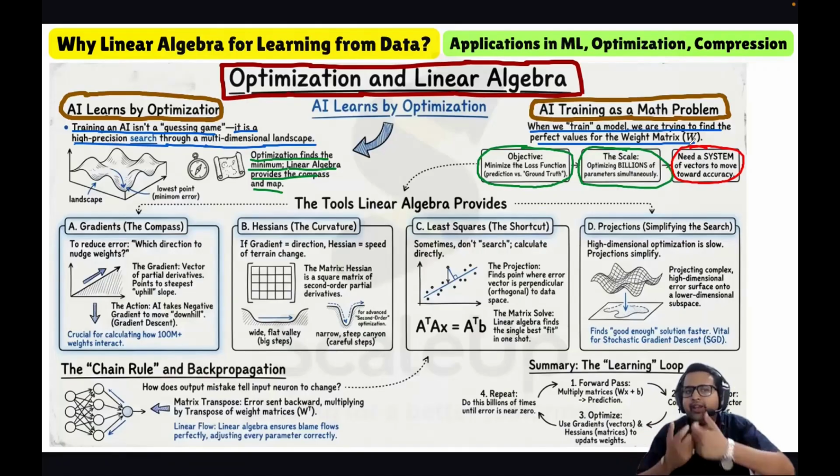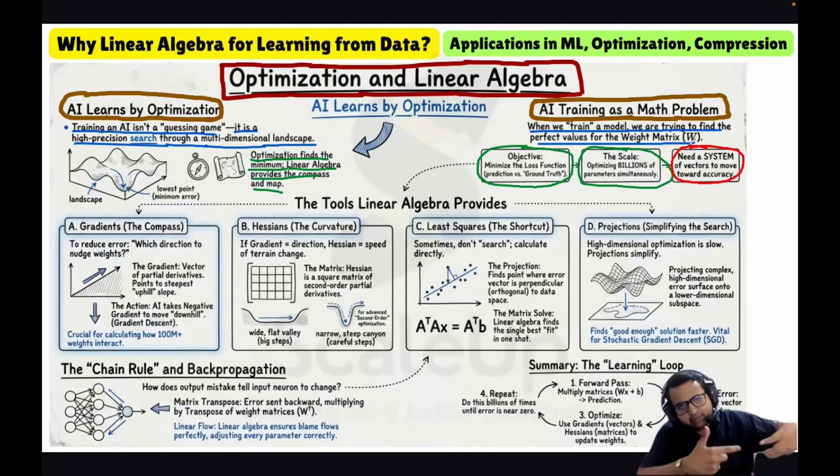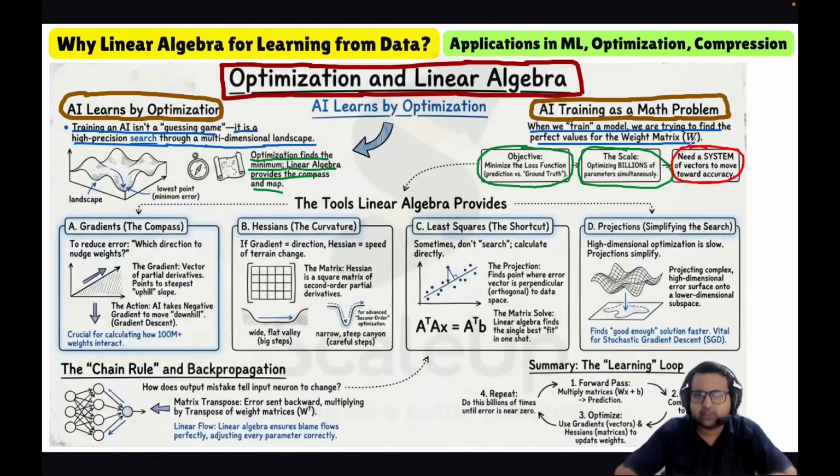Mathematically, training an AI model means finding the perfect values for the weight matrix, which can minimize the loss function. If we have found the perfect weight matrix, and we multiply it with the input vector, whatever predictions we get will be very close to the real values, the actual values.